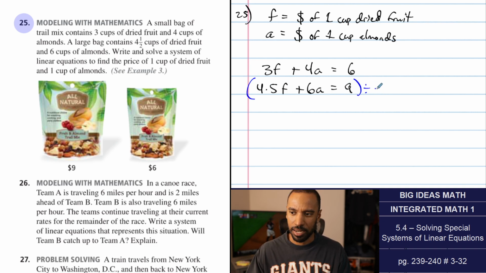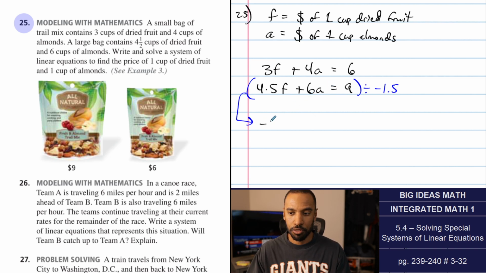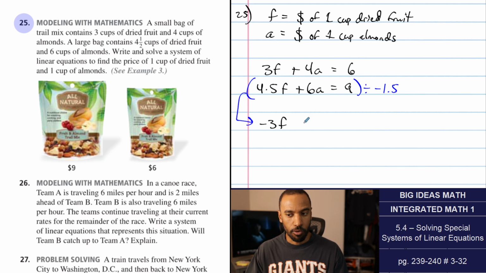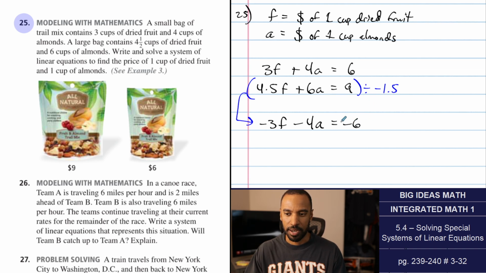When I divide here by negative 1.5, I think this thing really cleans up. 4.5 divided by 1.5 is 3. So this will be negative 3F. 6 divided by 1.5 is 4. 9 divided by 1.5 is 6. And divided by a negative is negative 6.